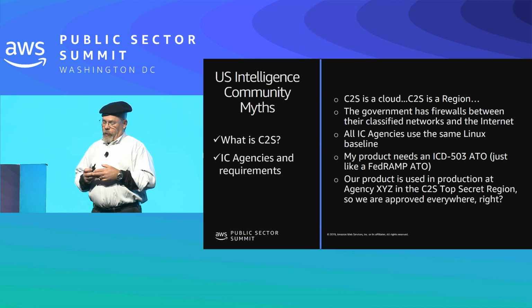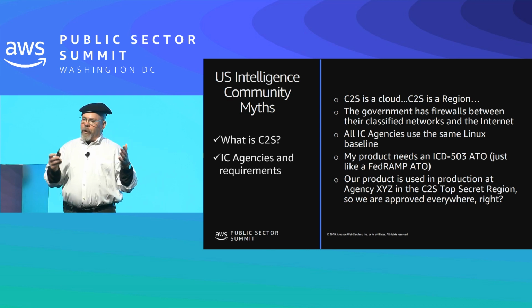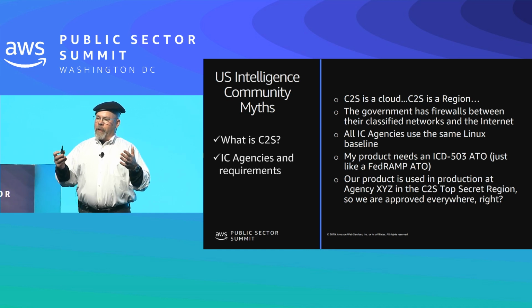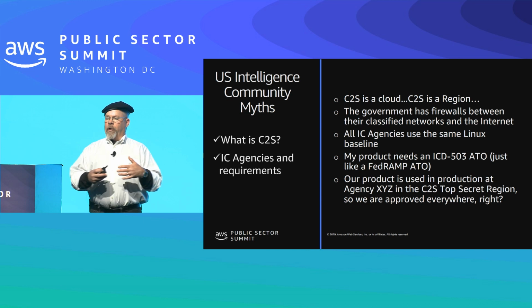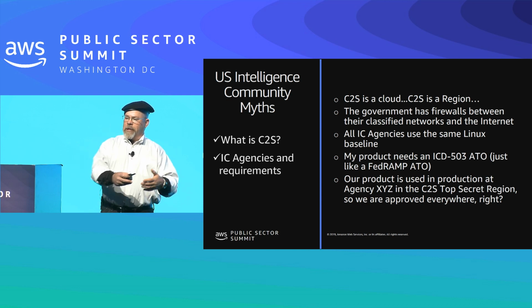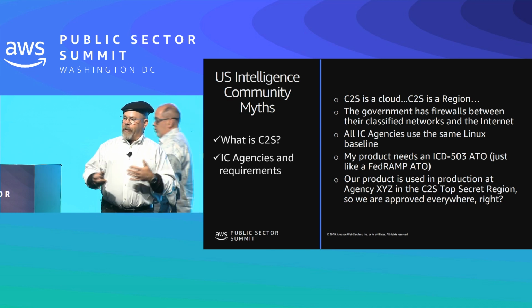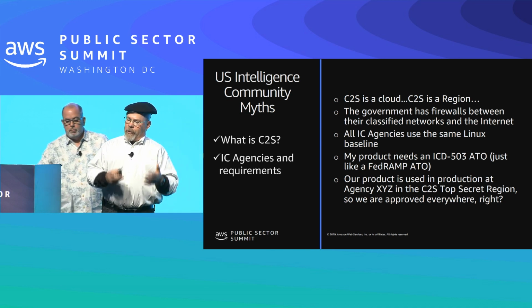Getting back to the whole Linux thing, skipping ahead one, every agency has their own flavor of Linux that's their core Linux. Well, the problem is many of these Linux baselines are classified. So you can't even work from it on the low side, on the unclassified side, and then bring it up to the high side, because foundationally that Linux that you're working with is classified.